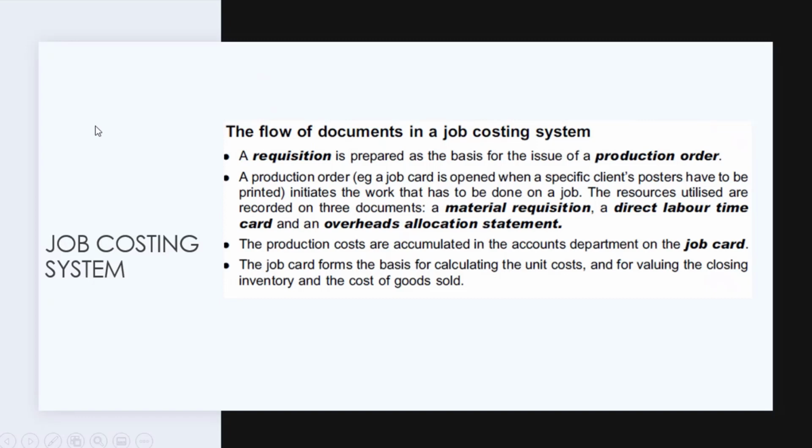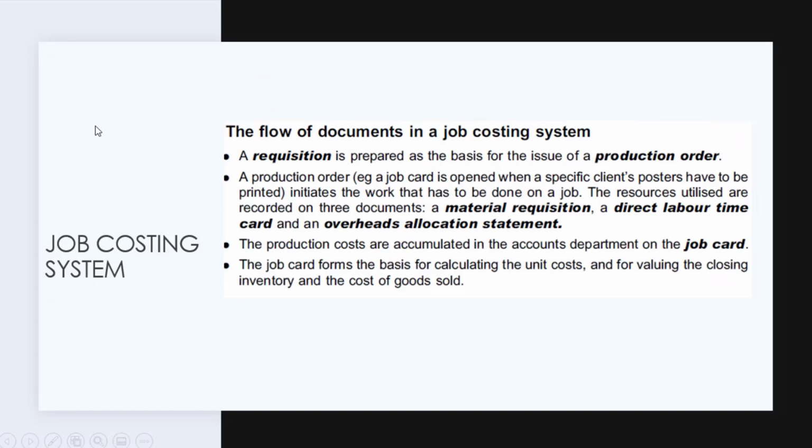Then the production costs are accumulated in the accounts department on this job card. And then the job card forms the basis for calculating your unit cost, and also for valuing your inventory, and also for cost of sales.